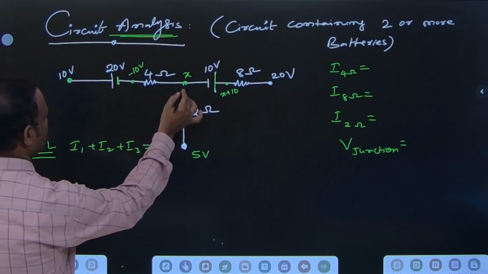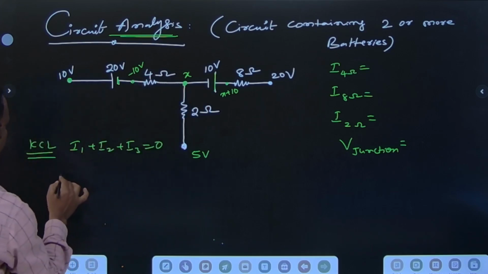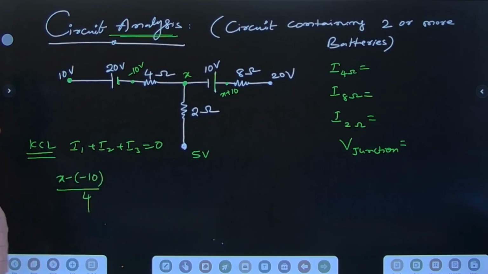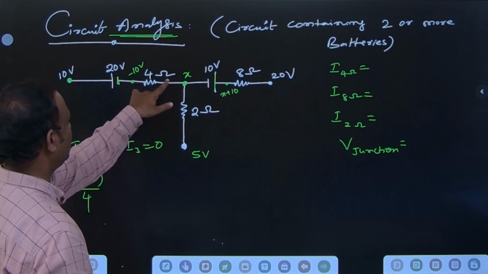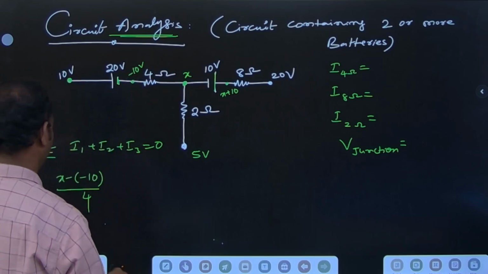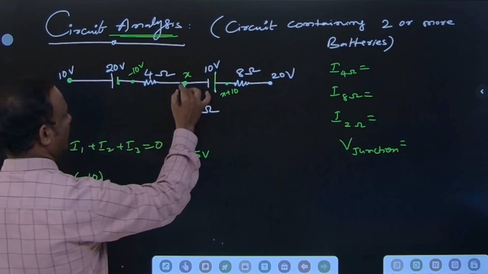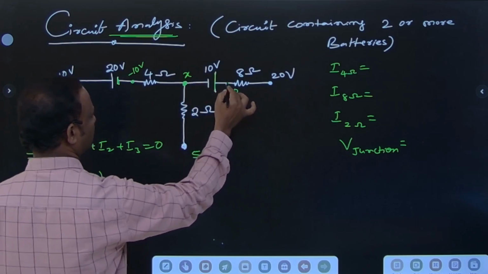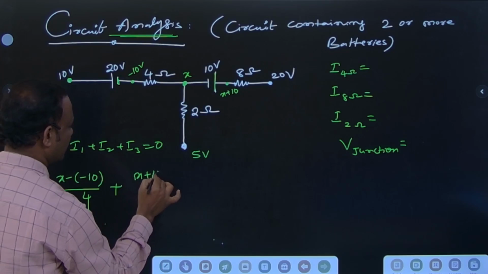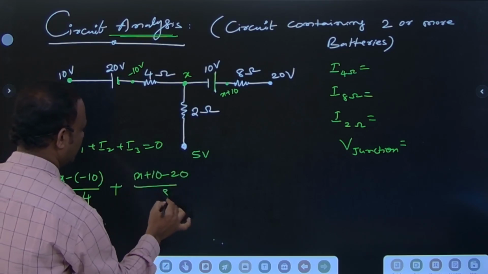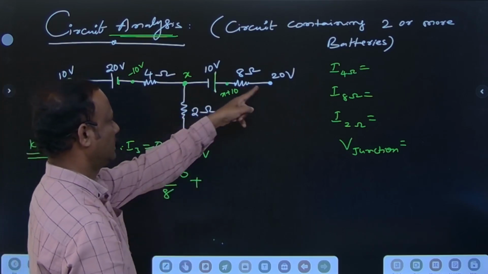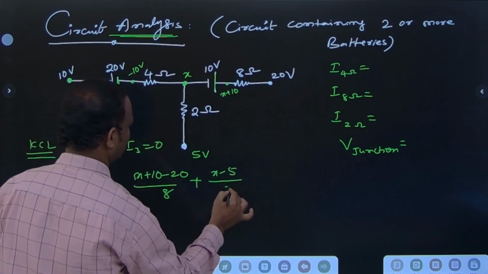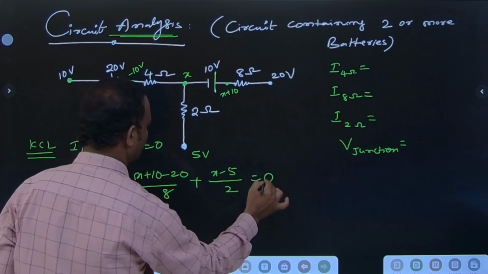Now this is X minus of minus 10 by 4, since I is equal to V by R. Between these two, I need to find X plus 10 minus 20 by 8. Next one, X minus 5 by 2 is equal to 0.